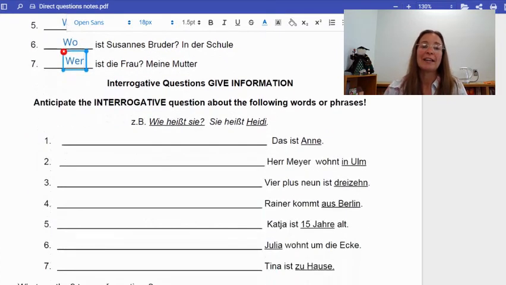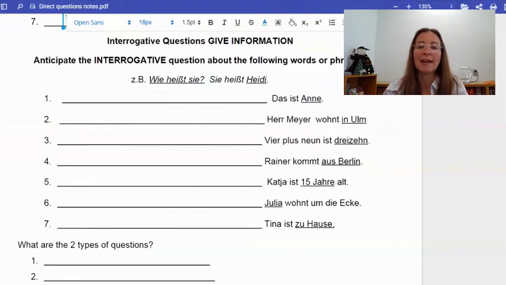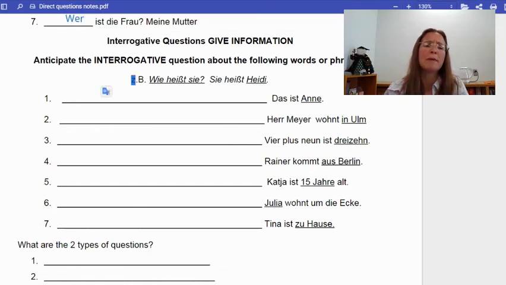All right. The next part, last part here. We're practicing interrogatives and basically using the best one. So if I want to ask a question and the answer is, das ist Anna, I'm going to use this ist das in my question. And Anna is a person. So what question word do I usually use with people?